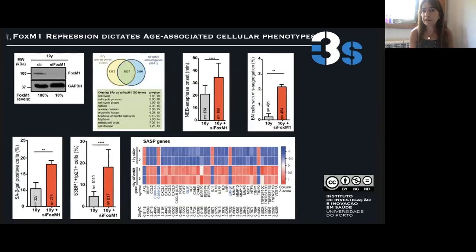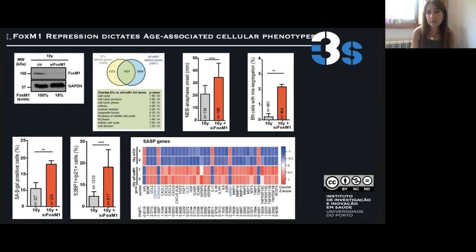To test the correlation between FOXM1 repression and age-associated phenotypes further, we depleted FOXM1 in fibroblasts from a 10-year-old donor using RNA interference. And again, to uncouple gene expression analysis from the reduction in the mitotic index following the RNAi, we performed RNA-seq profiling of cells capturing mitosis, according to the experimental layout that I've shown before.